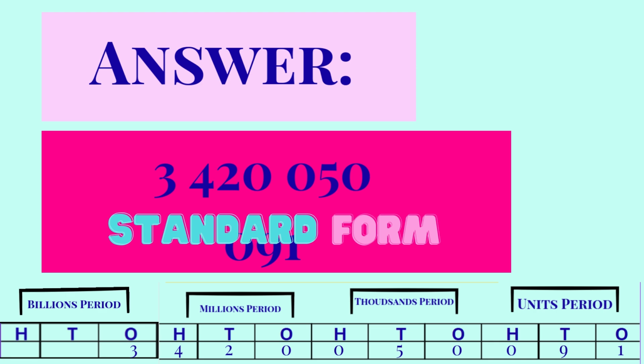Here's the breakdown. 3 billion would be written as 3 followed by 9 zeros. So I know there are 9 places after the 3 that will have numbers. The next part is 420 million. In the millions period, we will have the digits 420.